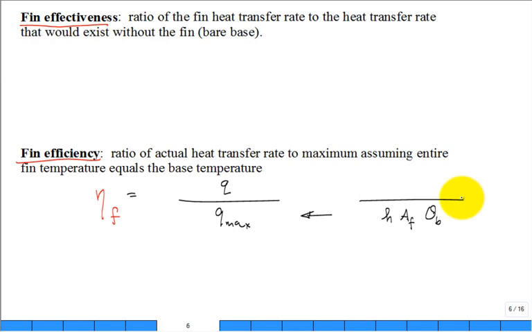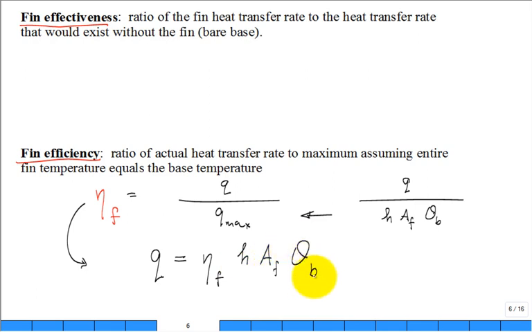Isn't that equation for Q max? And so this is the actual rate of heat transfer off the fin. We often unravel the definition and we say Q, the actual rate of heat transfer, is the fin efficiency times the h times the area of the fin times theta base. Where again, this is the maximum, as if all of the fin surface was at the base temperature.